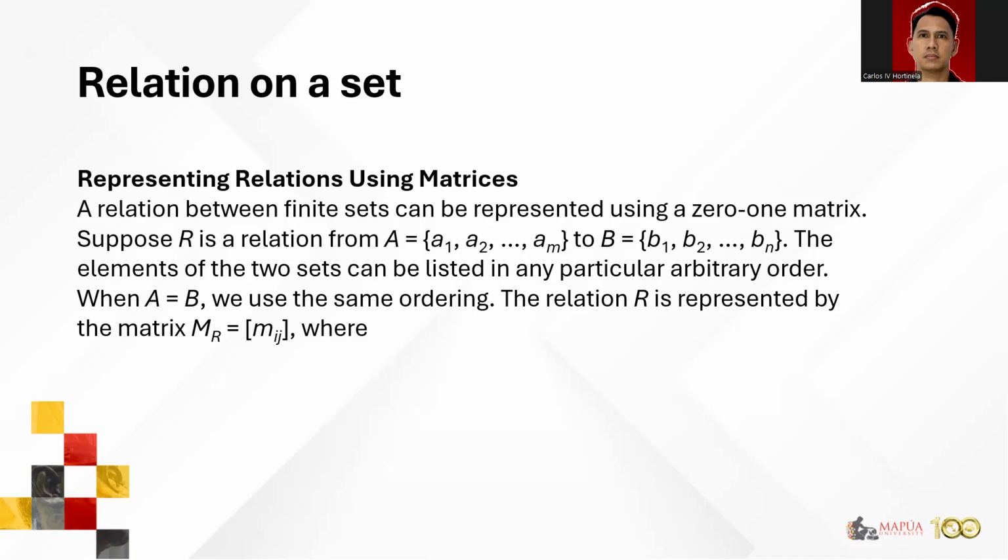then the relation R is represented by your given matrix, wherein the elements on your matrix would be 1 if AI, comma, BJ is an ordered pair seen in your relation set, or an element of your relation set.